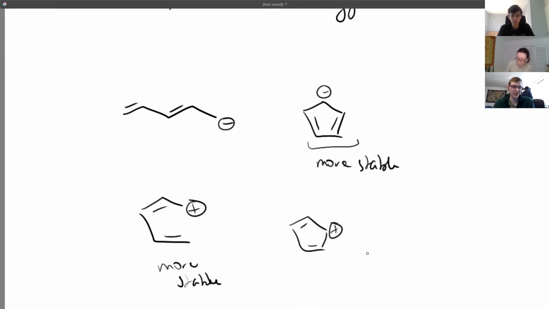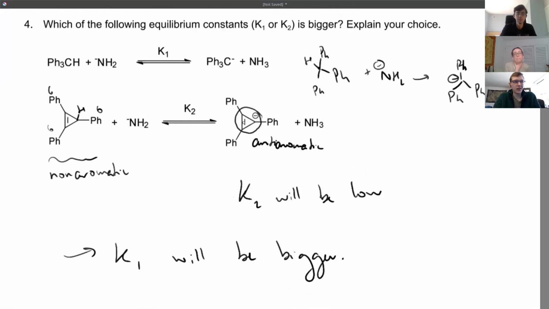Because it's anti-aromatic, it's less stable than you would expect. Got it. So whenever you're comparing linear to something cyclic, determine if the cyclic one is anti-aromatic, and that would be less stable than something linear with the same formula. Yeah.